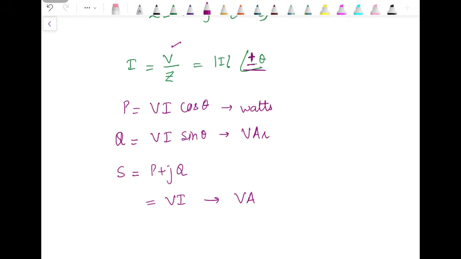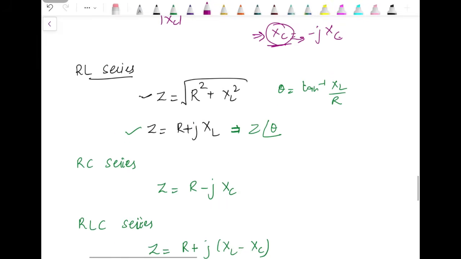So there are three different powers, and correspondingly we have the power triangle P, Q and S. This is phi, where phi is the phase difference between voltage and current.